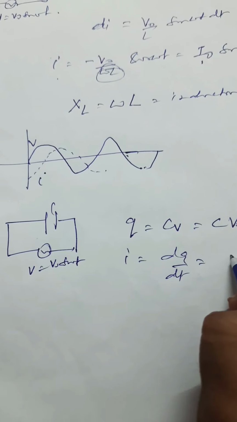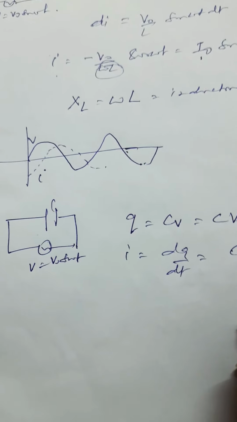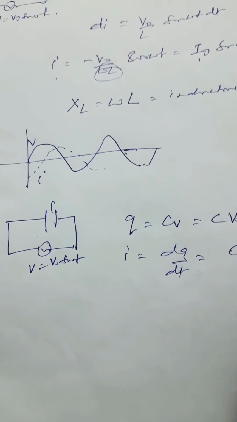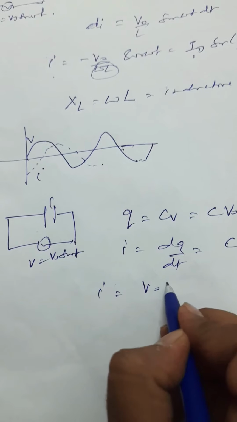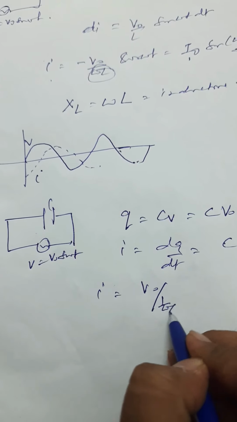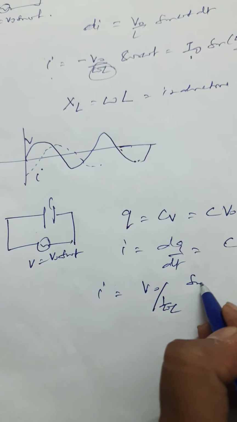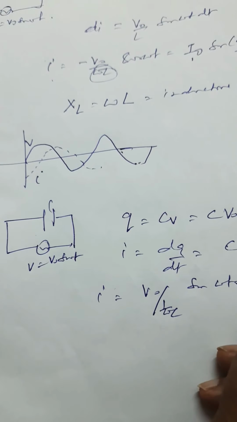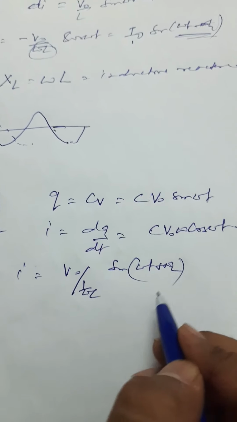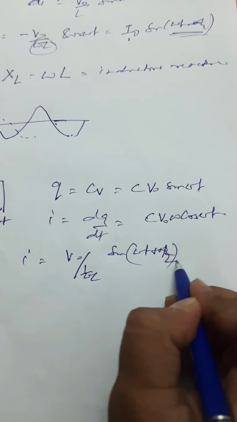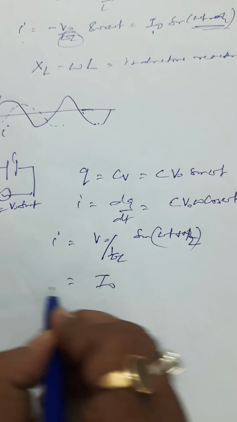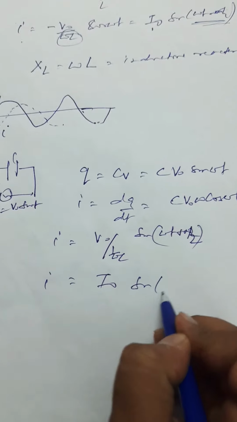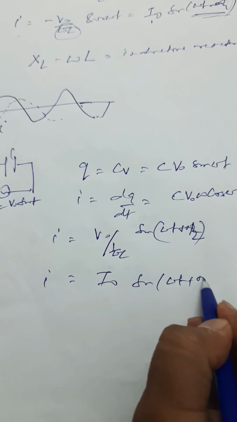Substituting the value, we'll get C V naught omega cos omega t. So I is equal to V naught by 1 by omega C into sine omega t plus pi by 2. This will be written as I naught sine omega t plus pi by 2.